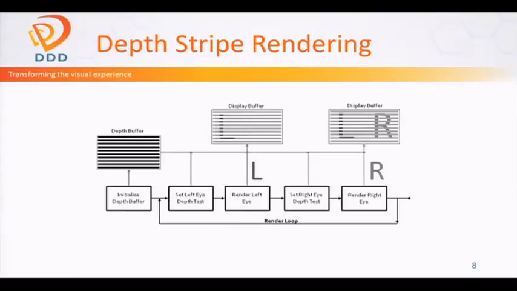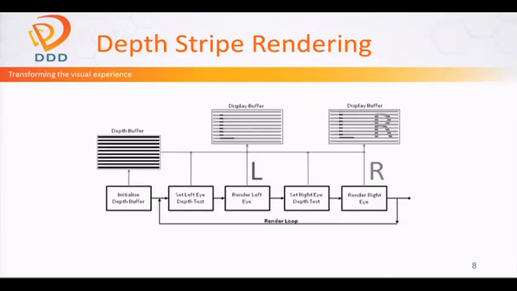So effectively the technique pre-initializes the depth buffer in an interlaced pattern. We may set, for example, the odd lines, and this is a horizontal interlaced example, to 0 and the even lines to 1. And then as we go through the render loop, we modify the depth test so that when we render the object intended for the left eye, we only need to render the pixels that have been preset by this interleaving in the buffer.